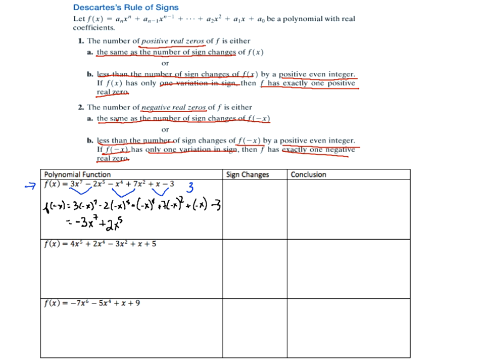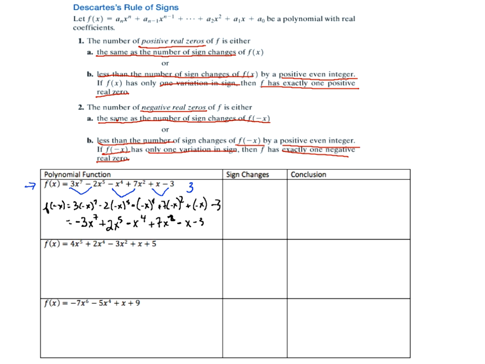Negative x to the 4th is positive x to the 4th times a negative is negative x to the 4th. Negative x squared is positive x squared times positive 7, so that's positive 7x squared. Positive 1 times negative x is just negative x, and then minus 3.